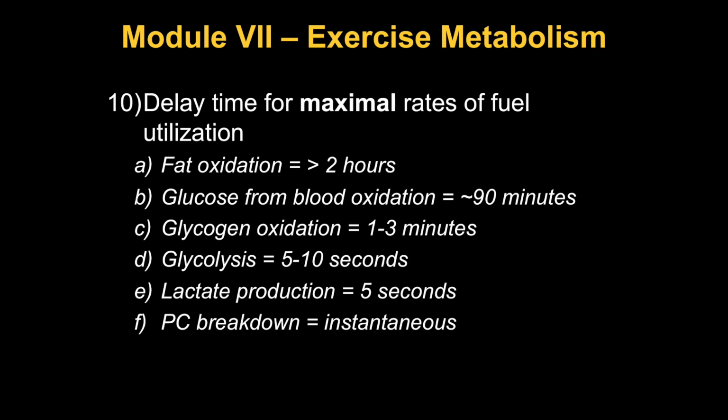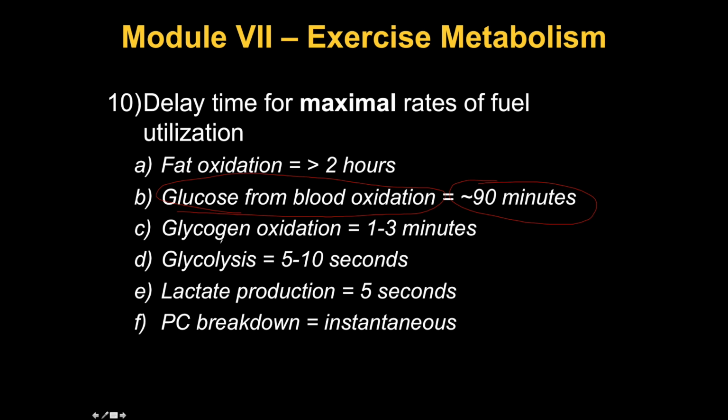So it takes a while for all of these systems to really gear up and contribute to being the primary ATP producers. As far as glucose from the blood oxidation and utilizing that, at about 90 minutes we start to utilize a lot of glucose from the bloodstream to help us produce ATP.